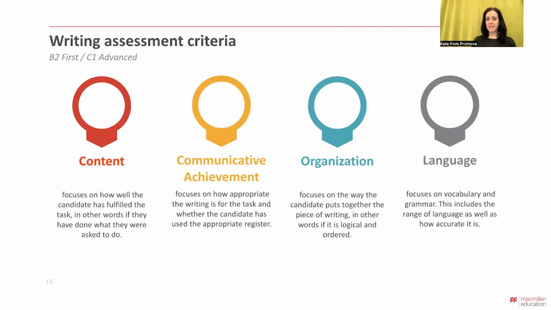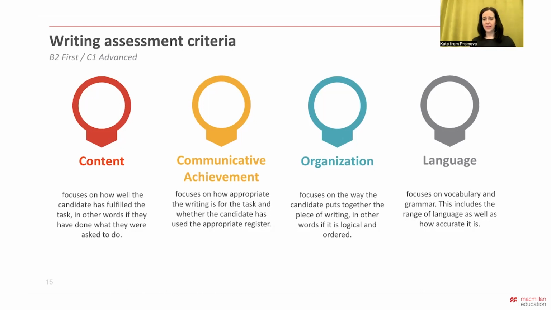We will also be assessing the communicative achievement, and that is to say how appropriate the writing is for the task, whether the register is right, whether it's formal enough, and also what impact this writing produces on the reader, which sounds a bit subjective, but there are ways to look at it.